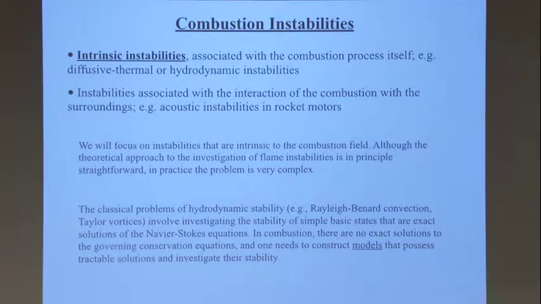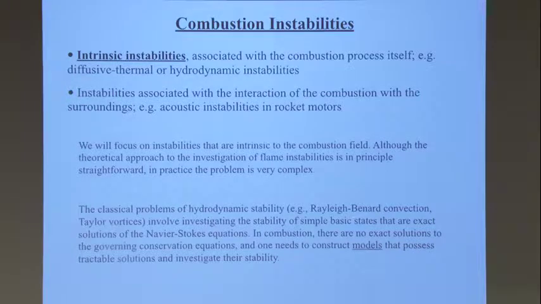I mentioned earlier this week that the simplest problem of premixed flame, the one-dimensional planar flame, doesn't have an exact solution, which makes it difficult already to analyze the stability, because most classical hydrodynamic stability studies start with a simple exact solution.